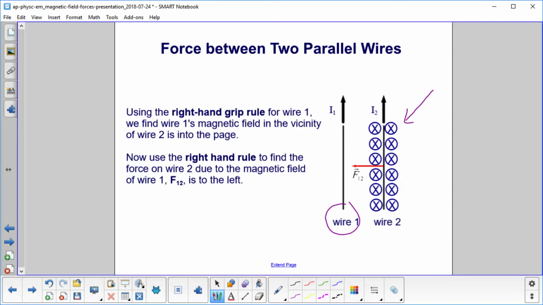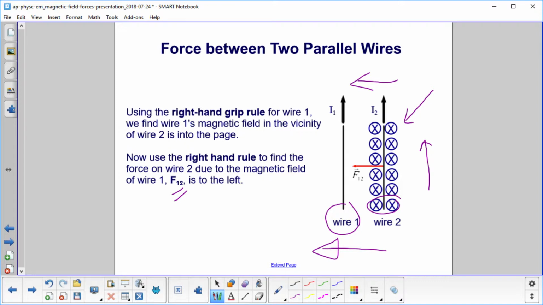I now use the right hand rule: you put your four fingers in this direction, face the palm of your hand into the page, right where the magnetic field is going, stick your thumb out, and you find it's pointing to the left. So the force on wire 2 due to the magnetic field of wire 1, or the force that 1 exerts on 2, is to the left, not what you may have predicted.